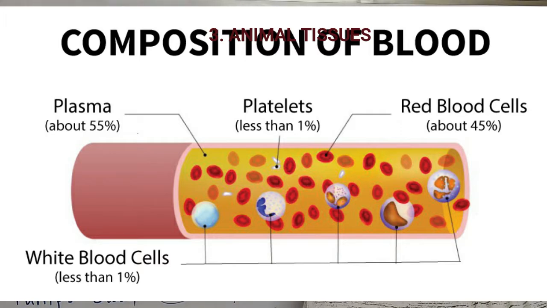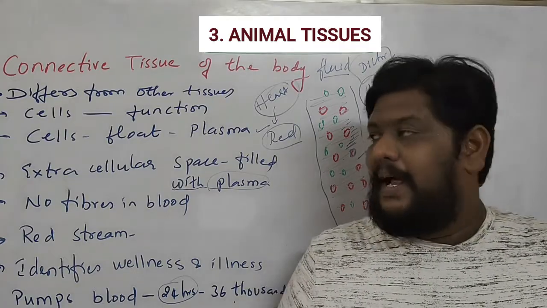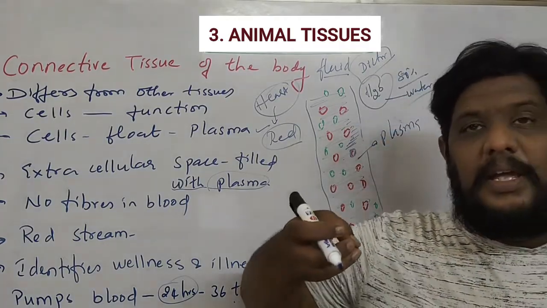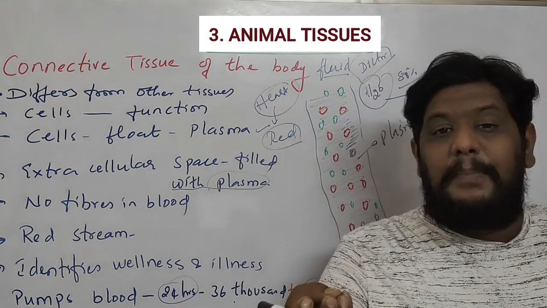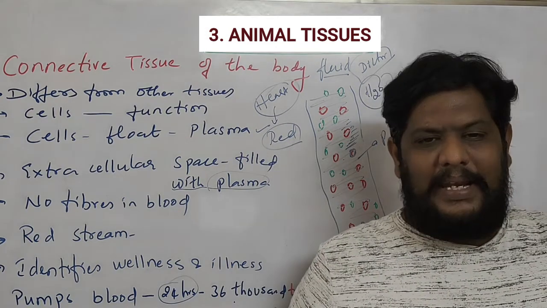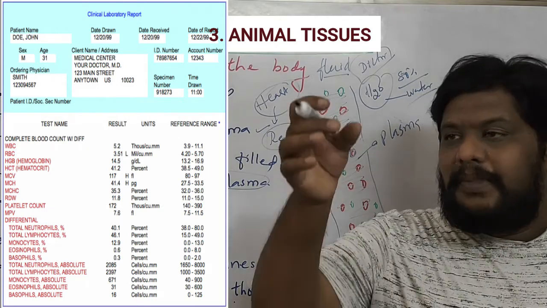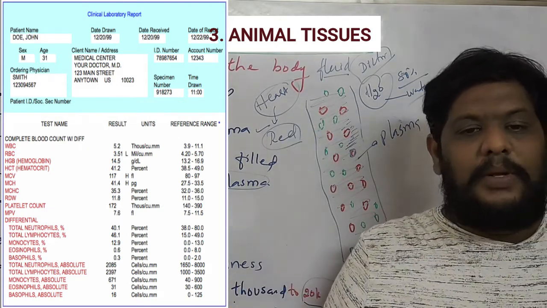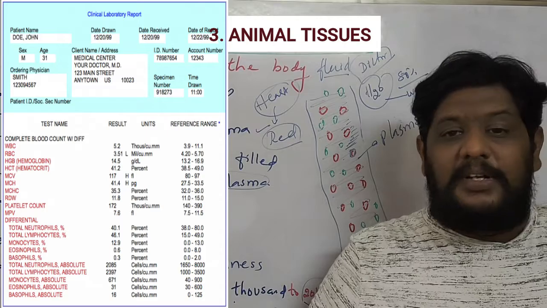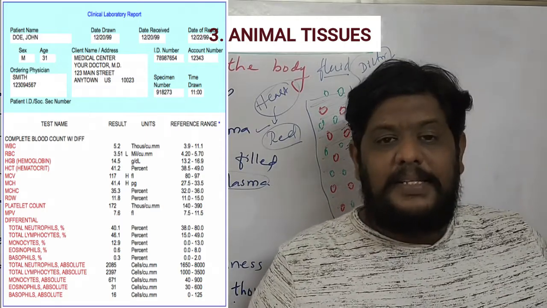So if you have a complete blood test report, and you observe it in your parents or your brothers or sisters, everything will be in detail over there. If you test the blood, what are the things present in it?